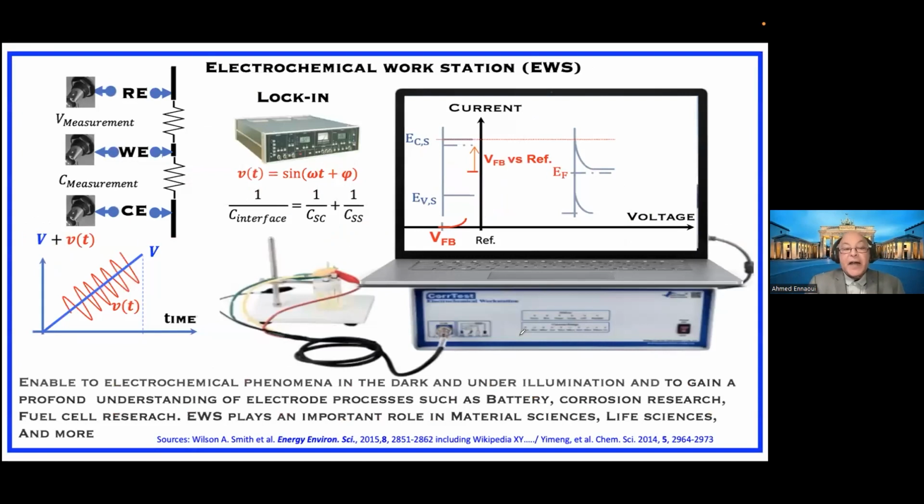Another thing: when you are studying semiconductors, you can know what we call the flat band potential. This is the potential that gives you the flat band position, which means your bands are flat. You can also find this by superposing, in addition to this potential, a small sinusoidal perturbation on your potentiostat.